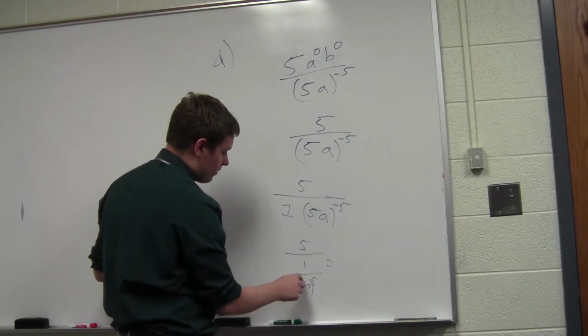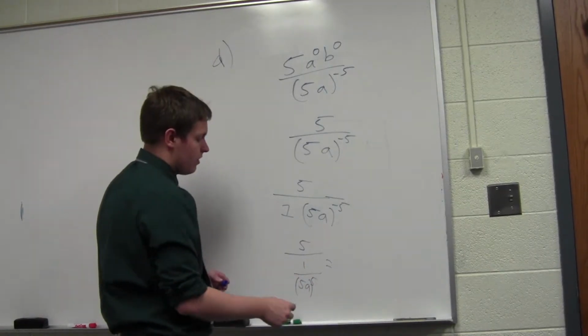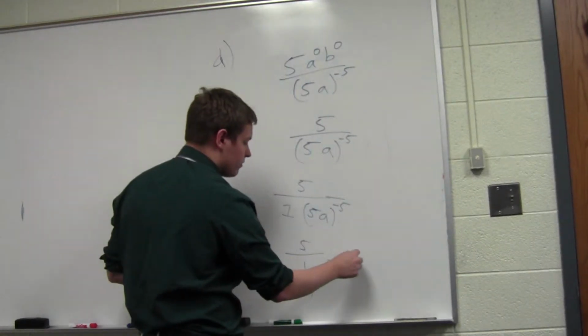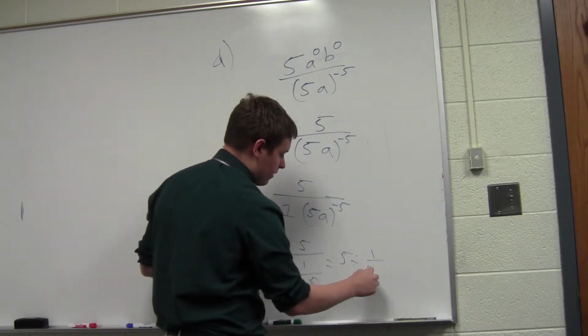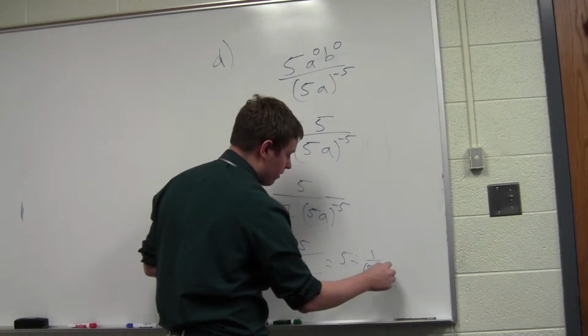Not a to the 5th, 5a to the 5th. When we divide fractions, it's 5 divided by 1 over 5a to the 5th.